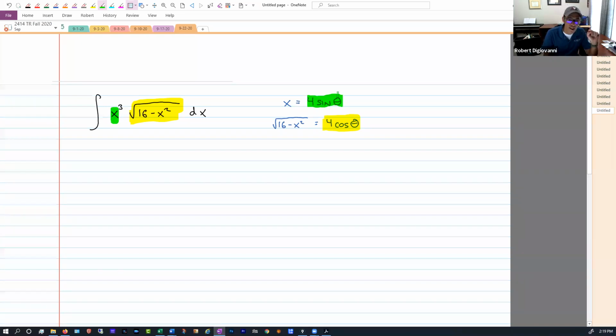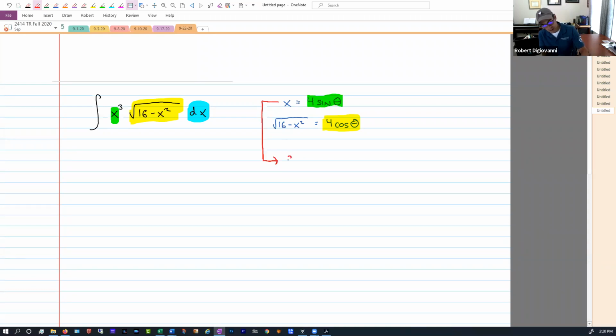What's the one thing I've not replaced yet? The dx. The cube will be taken care of when I plug the green part in. And guess what? You can't forget this part either, and we haven't talked about this part. What we need to figure out is what dx is. So we take the equation for x and take the derivative of it with respect to theta.